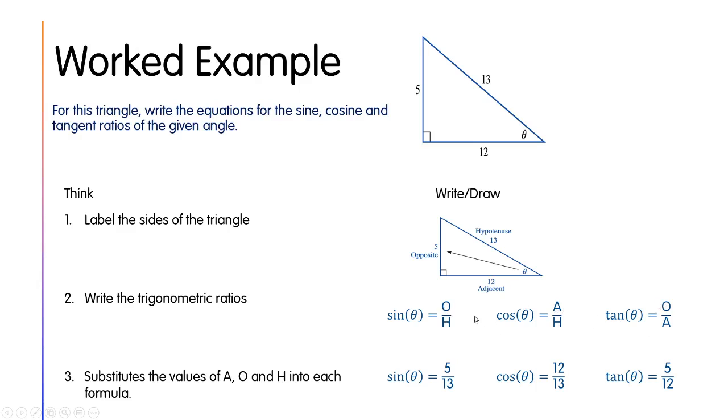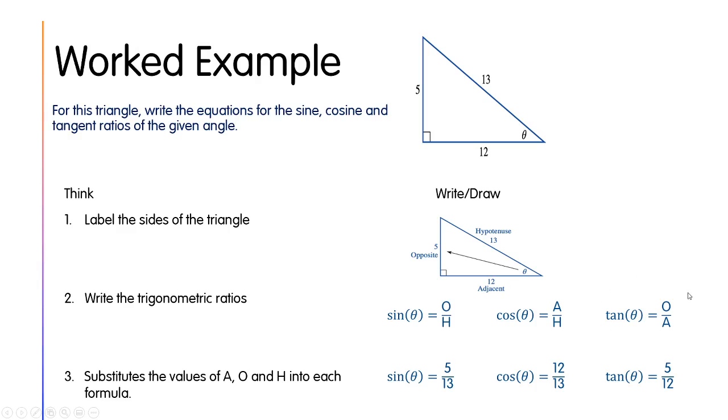So sine is opposite over hypotenuse, opposite is 5, hypotenuse 13, so sine of our angle is 5 over 13. Cosine is adjacent over hypotenuse, adjacent is 12, hypotenuse is 13, so cosine equals 12 over 13.